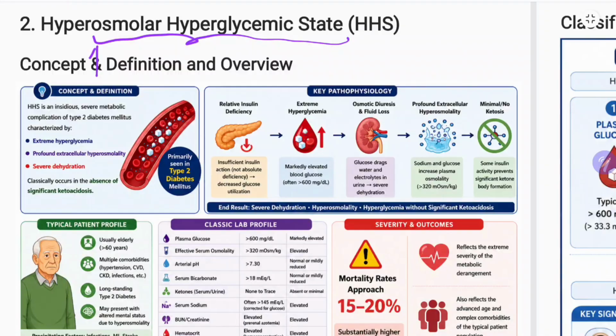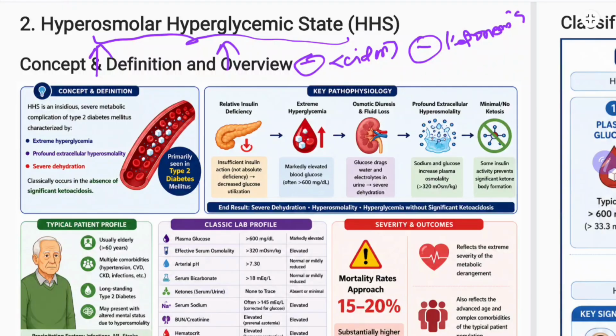The osmolality is increased, glucose levels are increased, but there is no acidosis and no ketonemia. So by definition only we will have the diagnostic criteria.